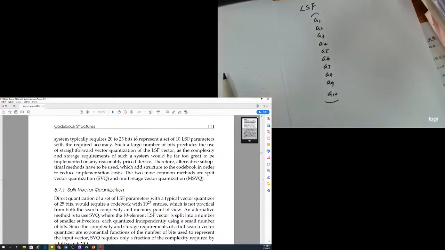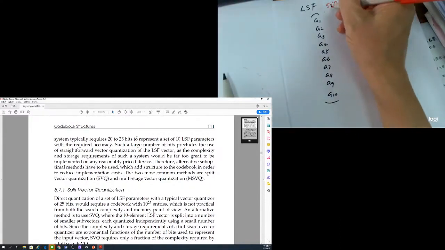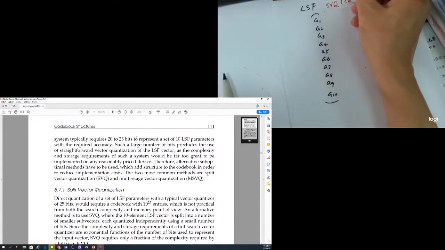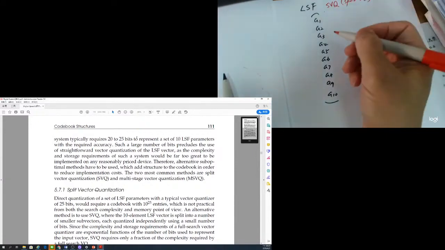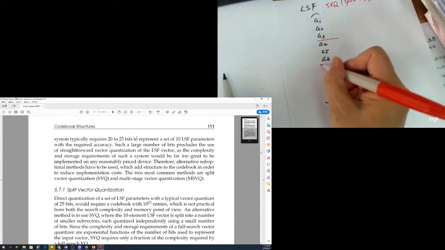The first one we call split vector quantization, so we can partition into many subvectors.